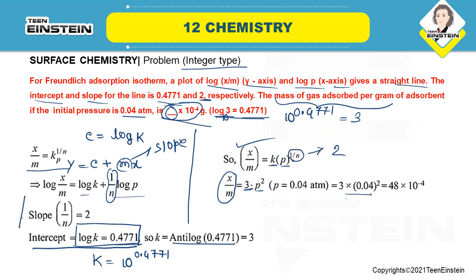Slope is 2. So after calculation you will get this value, and you have to arrange it in this way so that we can understand what will be in this gap. So actually the answer will be 48, because 10 to the power minus 4 is already given. 48.